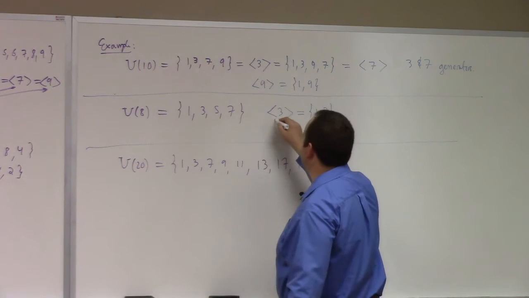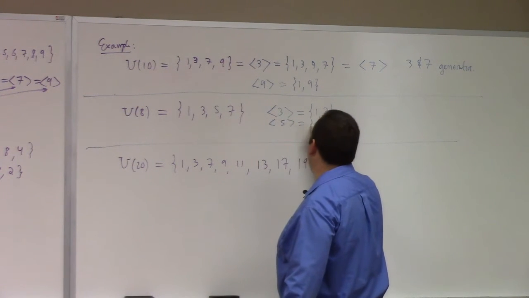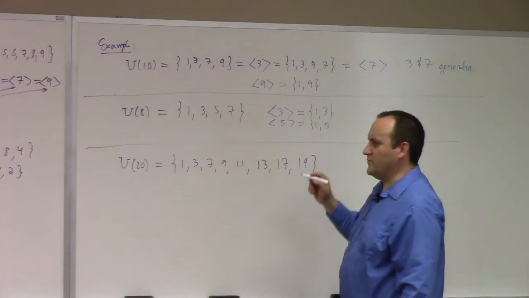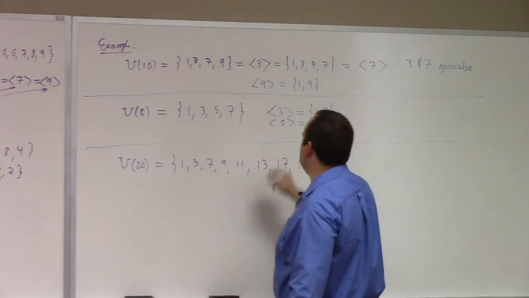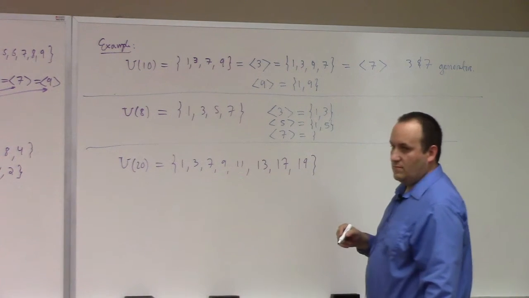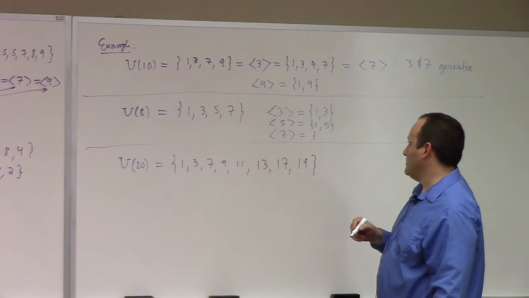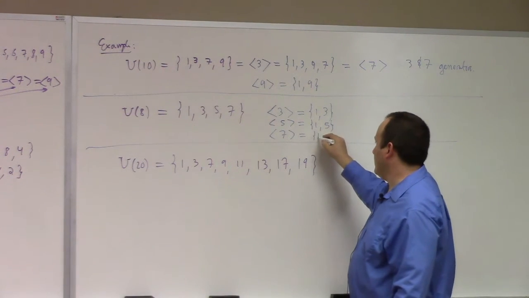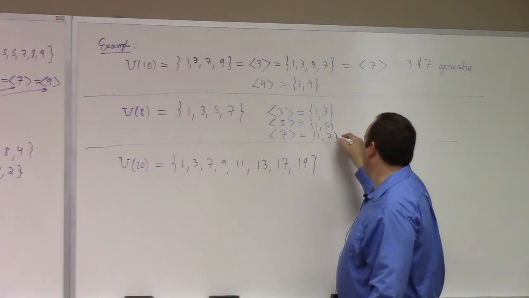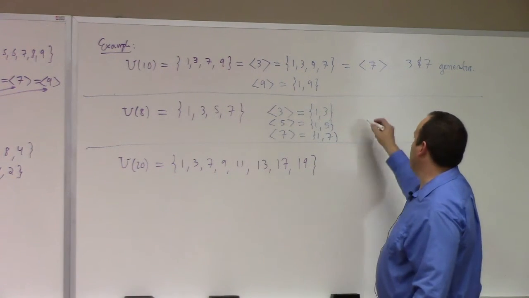How about 5? 5 times 5? 25. Oh, also known as 1, mod 8. That one's not going to do it. 7. 1 and 49. Oh, 49 is 1 mod 8, isn't it? So apparently not cyclic.